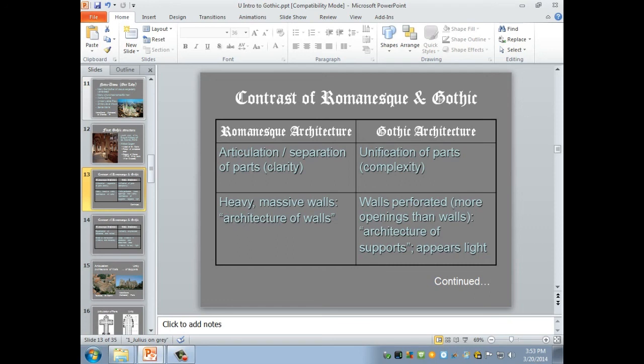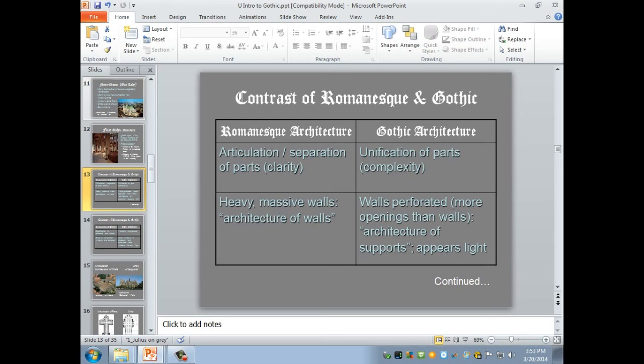Now, Romanesque architecture has been called an architecture of walls because they have heavy, massive walls to support those masonry vaults, whether they are tunnel vaults or groin vaults or even domes in Aquitaine. It's heavy walls, and of course small windows in those heavy walls.